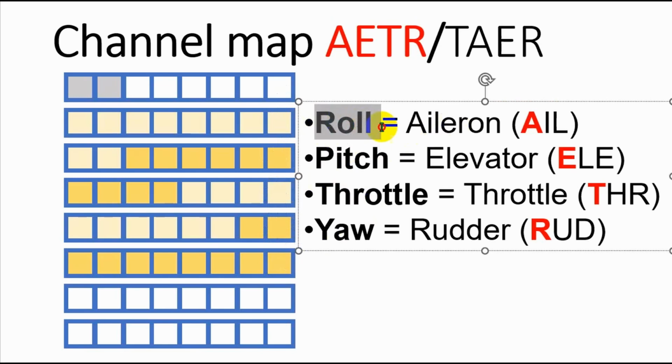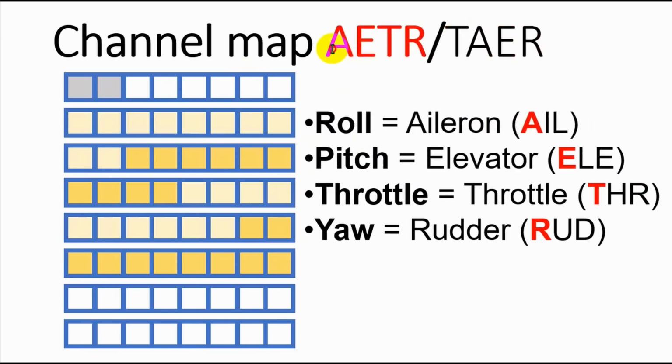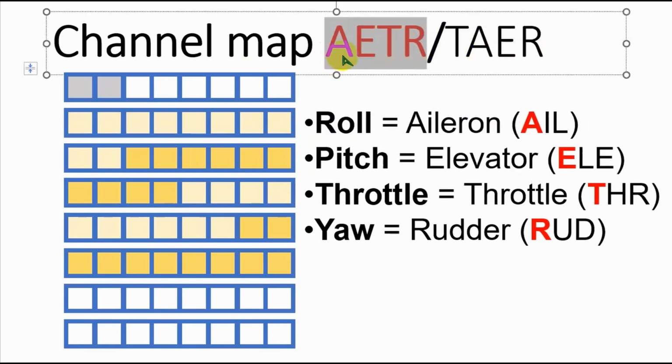So both of your remote controller and drone should have the same configuration. On remote controller you should set one of these, let's say AETR, and on the drone you also should set the same AETR. If you set different, AETR on one and TAER on another, you will have just mess of these sticks. The sticks will be mixed up. So keep it in mind.